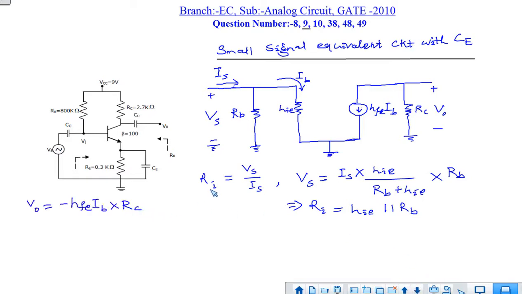Next, for the output voltage, the same current, hfe IB, flows directly through RC but in the upward direction. So the output voltage will be negative of hfe IB into RC.